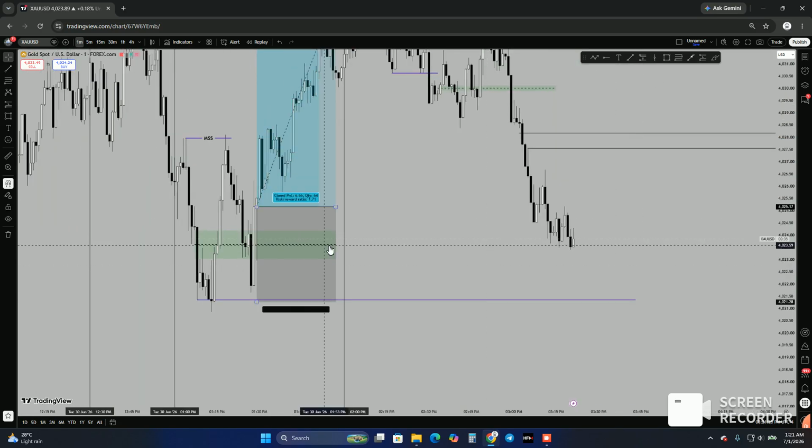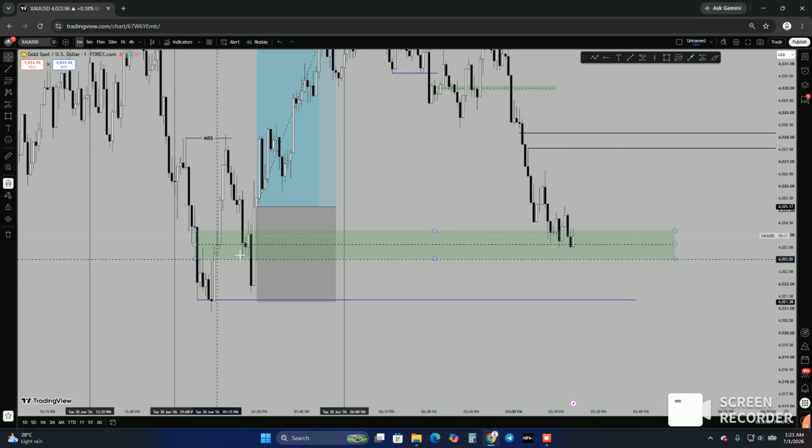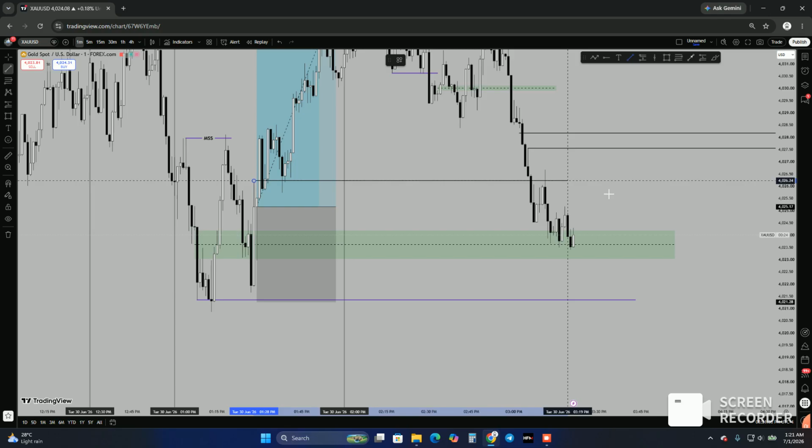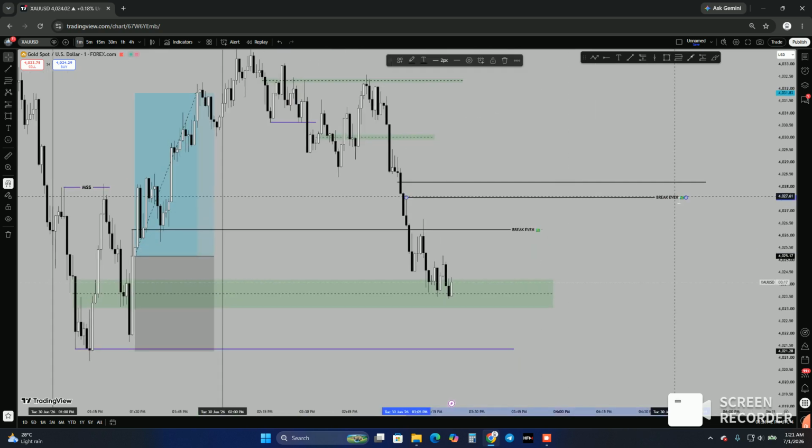20-minute reaction time. He already dipped into where this gap is. So right now I don't want to see price go above this high. So this is my break even right now.